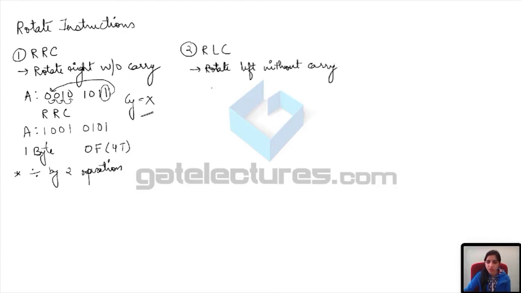It is just going to rotate the contents of the accumulator to the left by 1 bit without any effect of the carry flag, right? This is also a 1 byte instruction with one machine cycle of opcode fetch of 4 T states. So basically this is performing a multiply by 2 operation, because we are shifting every bit to the left by 1 place. That is why we can say that this is performing a multiply by 2 operation.